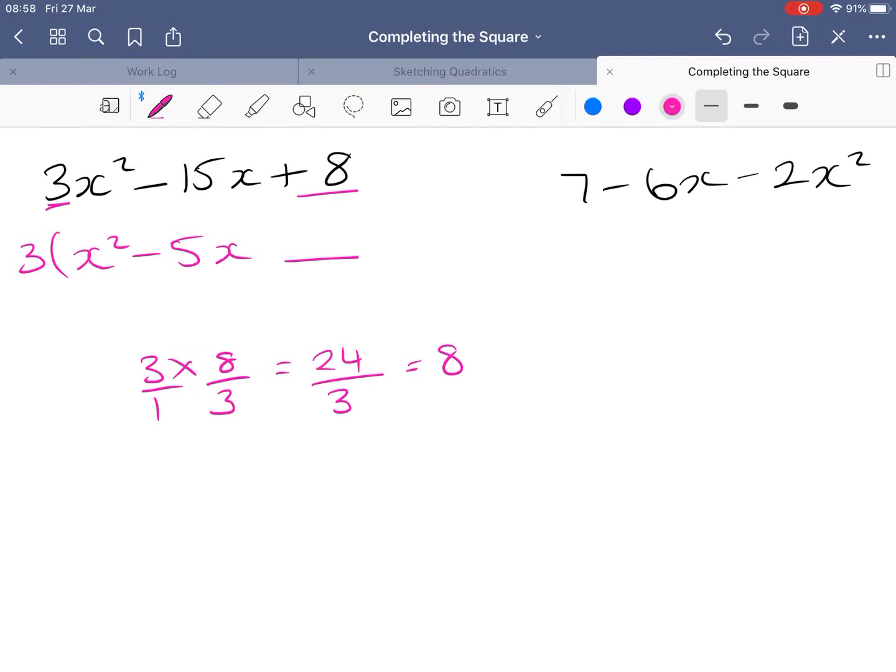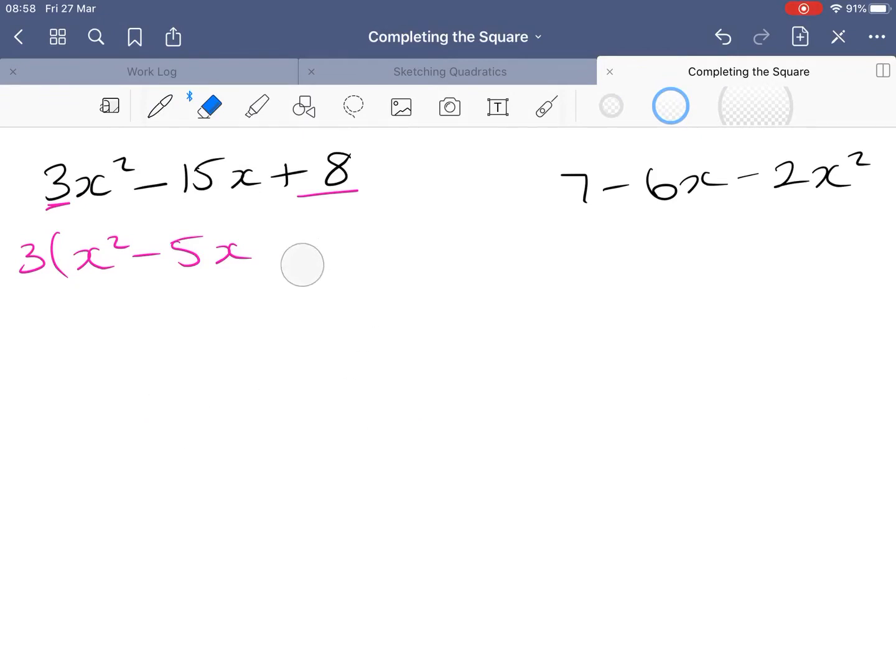Or a better way of thinking about this is they would cancel. So 3 times 8/3 makes 8. So we end up with plus 8/3.